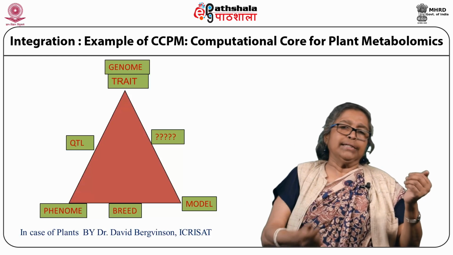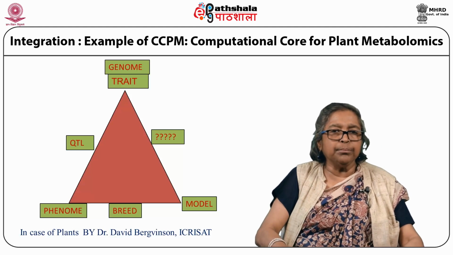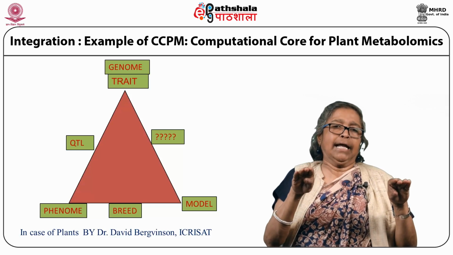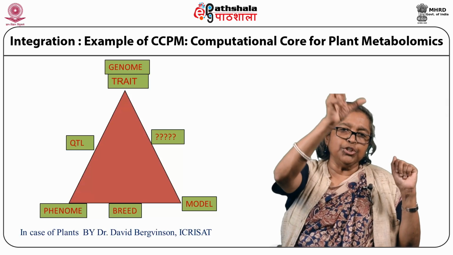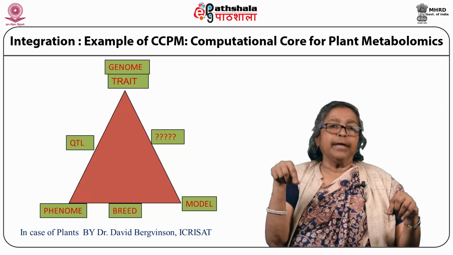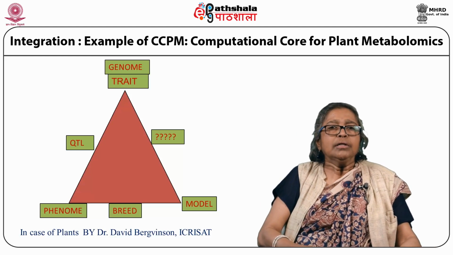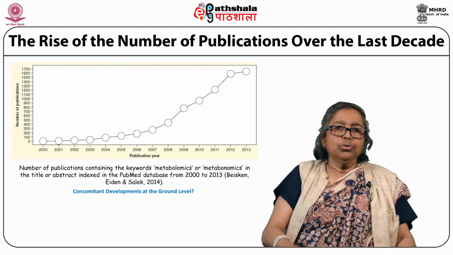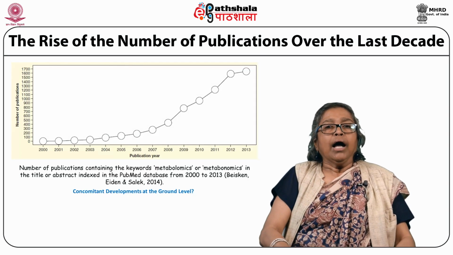So, as shown in the triangle, on one side the information is available, the QTL, etc. On another side, the planar straight line, that is also available. The information is not available between the genome and the phenome. How to extract and connect them is the approach like what we have done here, called CCPM. Here it shows why metabolomics took center stage.